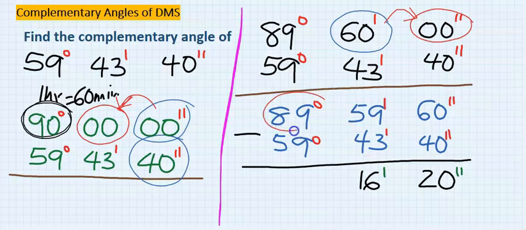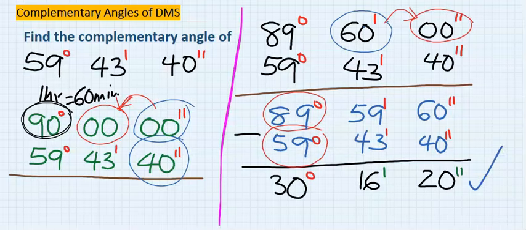Next, 89 degrees minus 59 degrees. You have 30 degrees. This is now our final answer. This is less than 60 seconds. This is less than 60 minutes.